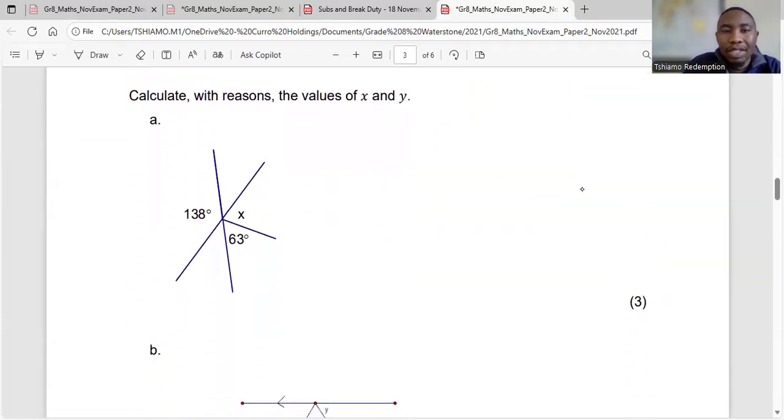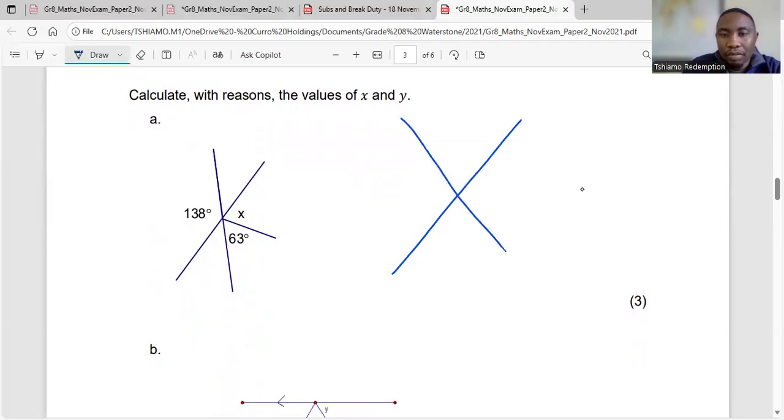Calculate with reasons the value of X and Y. Look at this angle here. How can we solve this question? If I throw this one here, 138, this angle is the same as that angle. Do you see it? So this is cut here, this is X, this is 63.